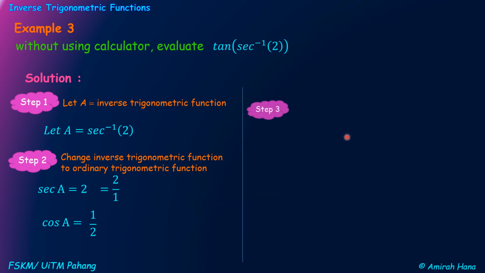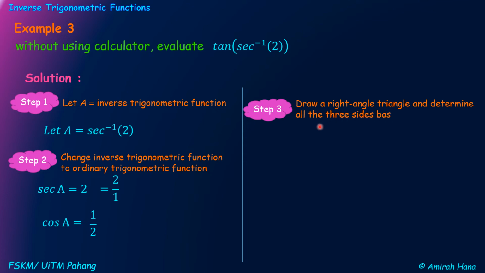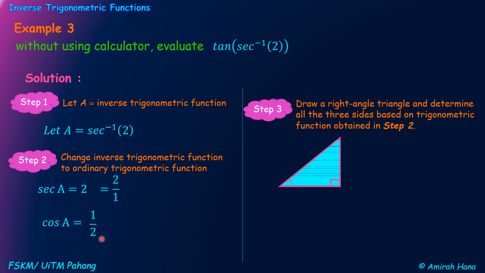After that, we continue with step 3. Draw a right angle triangle and determine all the 3 sides based on the trigo function obtained in step 2. From the trigo function cos A equals to half, we can draw a right angle triangle.